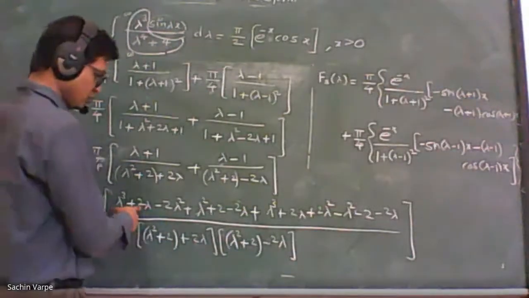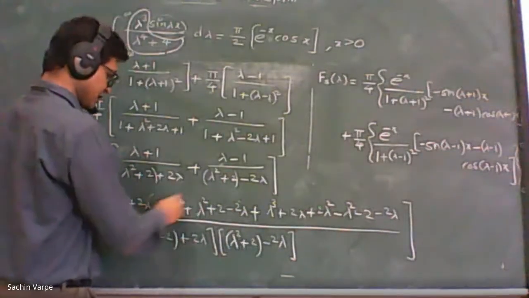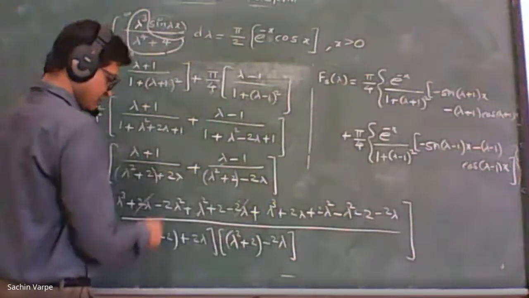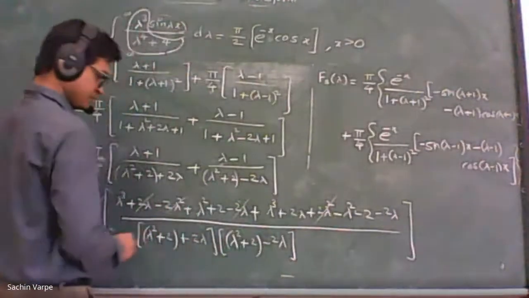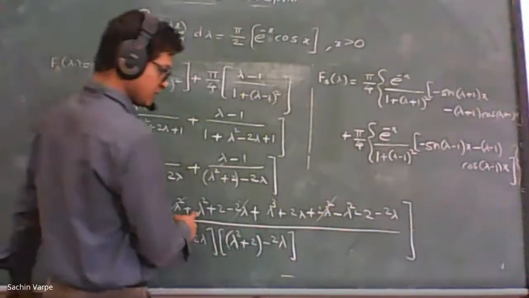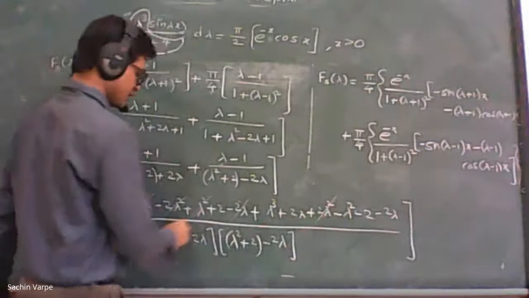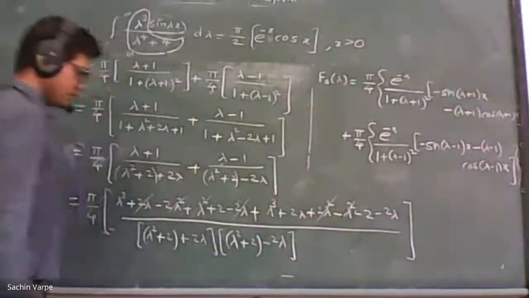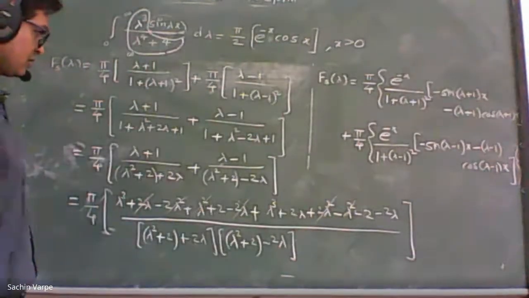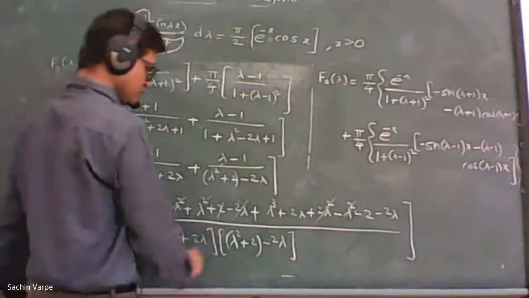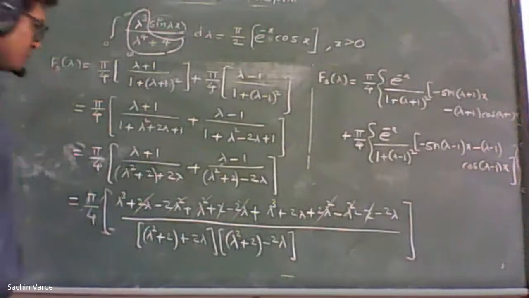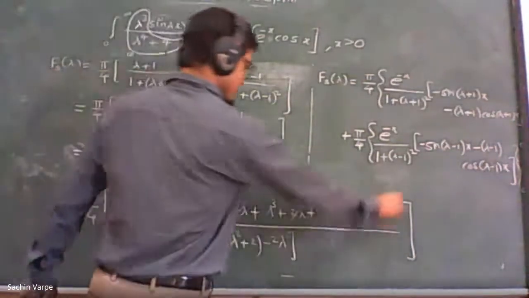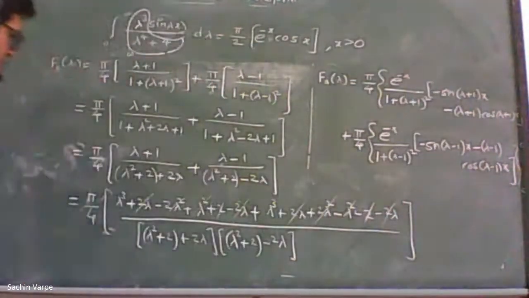Now check and try to cancel if it is possible. I think 2 lambda minus 2 lambda will get cancelled, right? Minus 2 lambda square plus 2 lambda square will get cancelled. Plus lambda square minus lambda square will get cancelled. Plus 2 minus 2 will get cancelled. Plus 2 lambda minus 2 lambda will get cancelled.